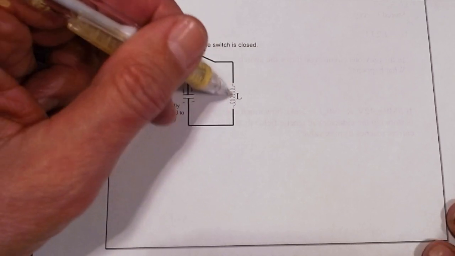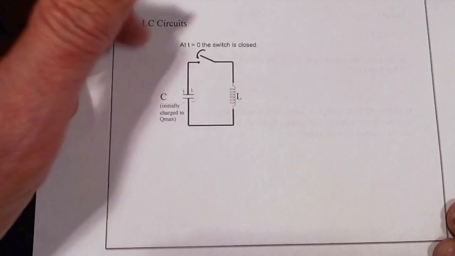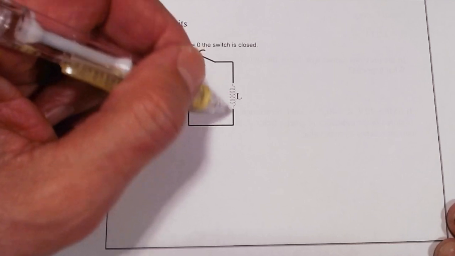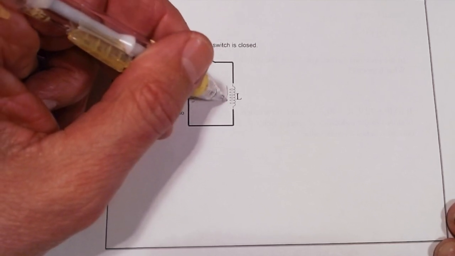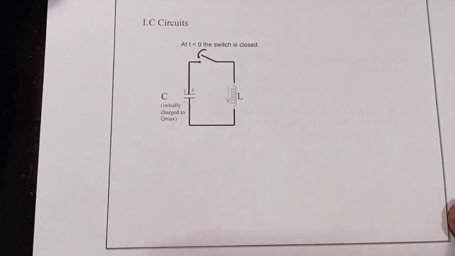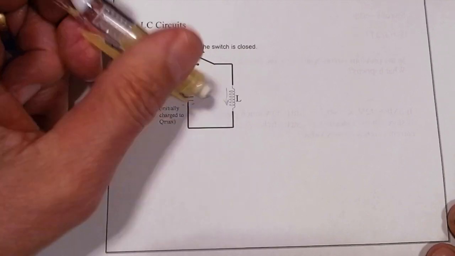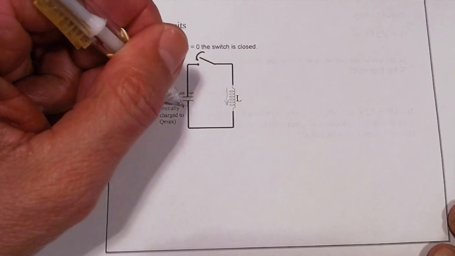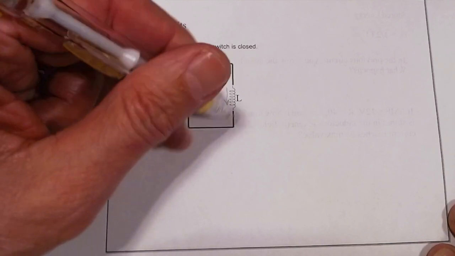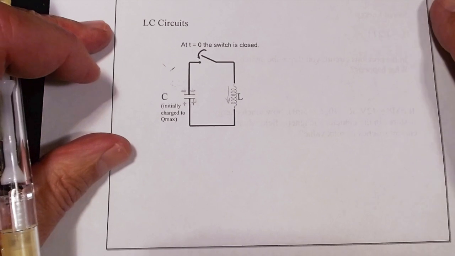After a while, as more current goes through there, current goes higher and higher. Eventually, when there's no charge here, this has a current moving in this direction. So it's going to keep moving charge through until the polarity is switched. And then the whole process starts over again. So this is called an LC oscillator.